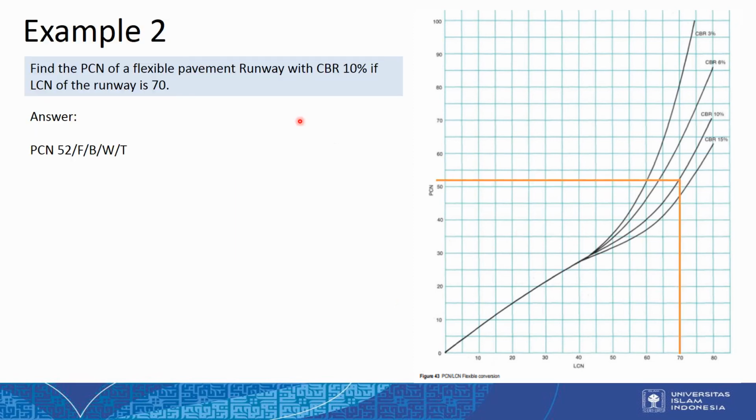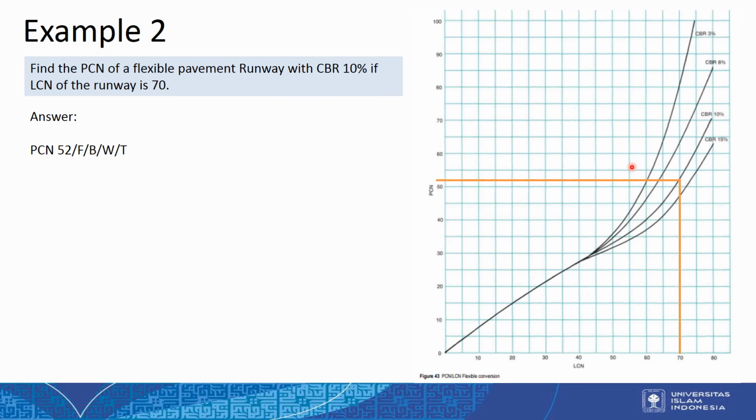So here is the example of how we convert the LCN number to the PCN system. The question is, find the PCN of a flexible pavement runway with CBR 10% if the LCN of the runway is 70. First of all, you have to make sure that you use the right charts.